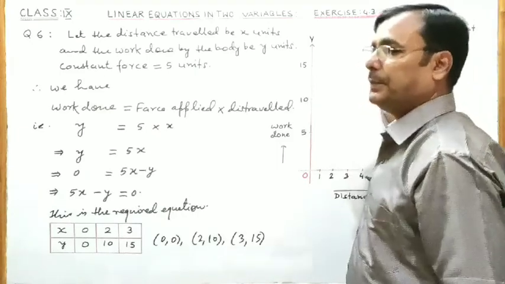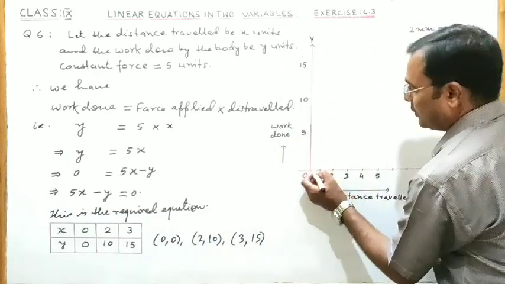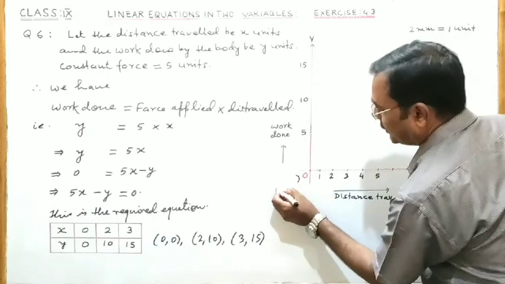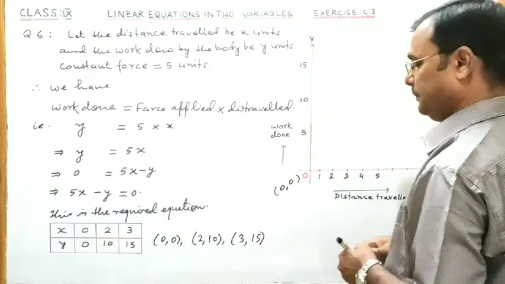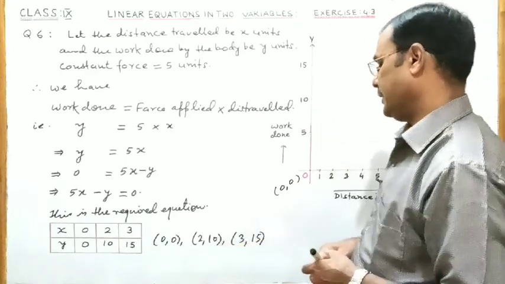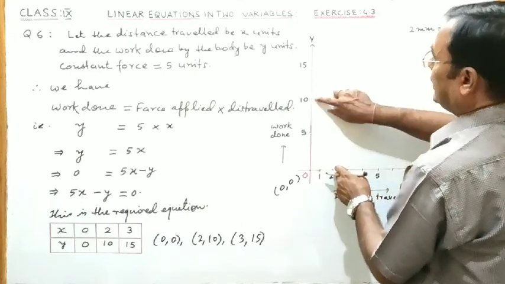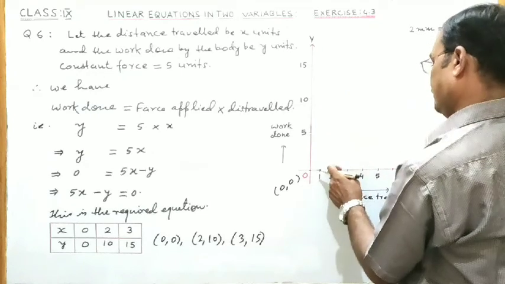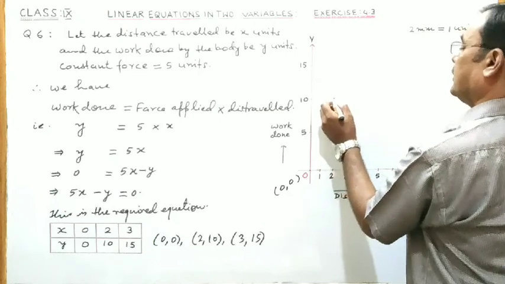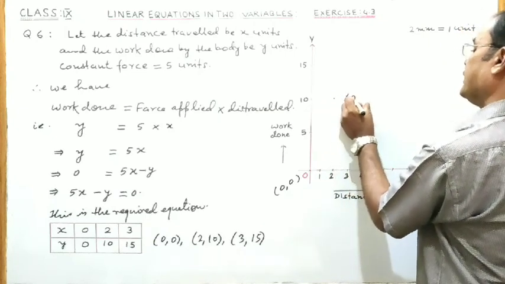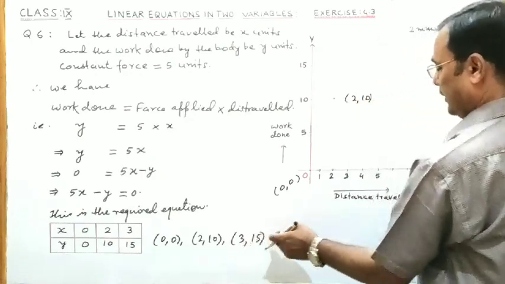So on this graph paper let us plot these points. First point is 0, 0, which is origin. 0, 0 are coordinates of origin. Next point is 2, 10. So on x-axis 2 is here and 10 is here on y-axis. So let us plot this point 2, 10 and write coordinates 2, 10. Then next point 3, 15.